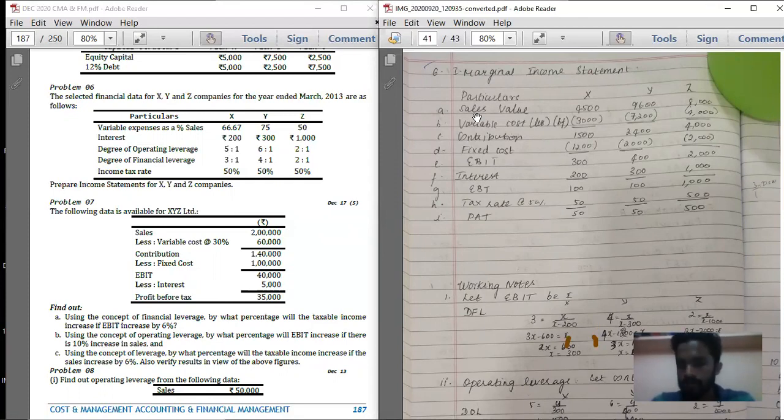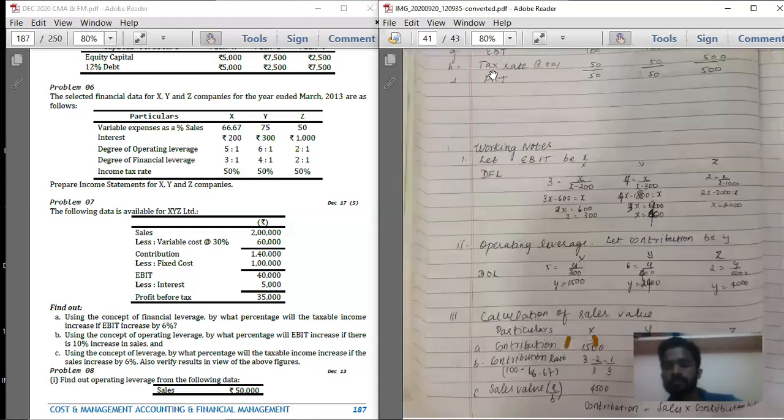Below that small e EBIT, below that small f interest, and below that small g EBT, and EBT minus tax. So below, small h tax, at the rate of 50%, which they have given, and below that small i PAT. So this is the marginal income statement format.